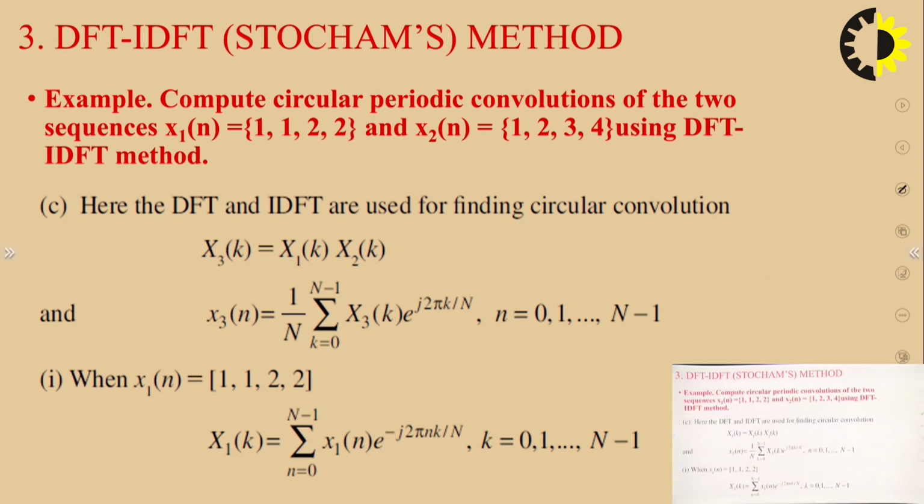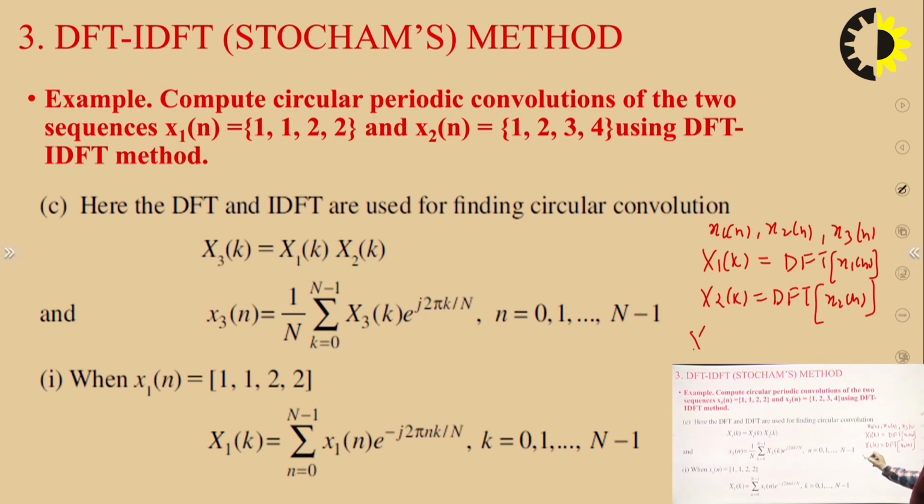We have two sequences given, x1n and x2n. Let's say x3n is the circularly convolved sequence. First we have to calculate x1k, which is nothing but the DFT of x1n. Then you have to find x2k, which is the DFT of x2n.